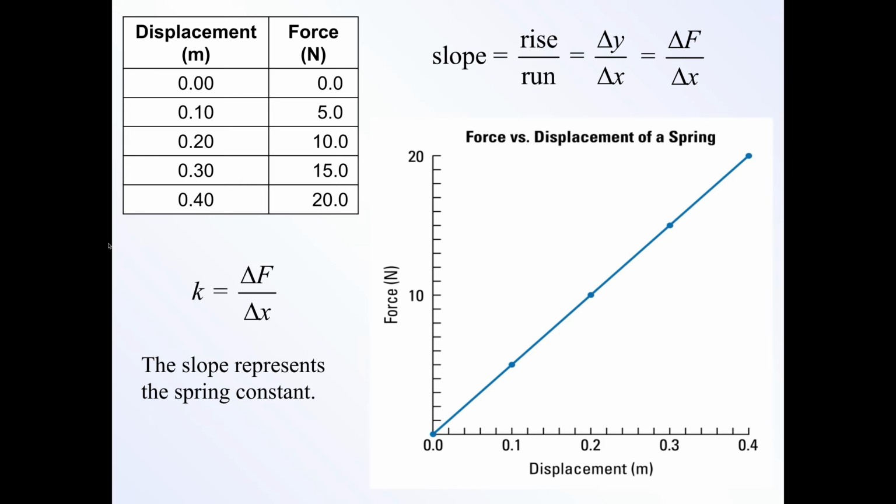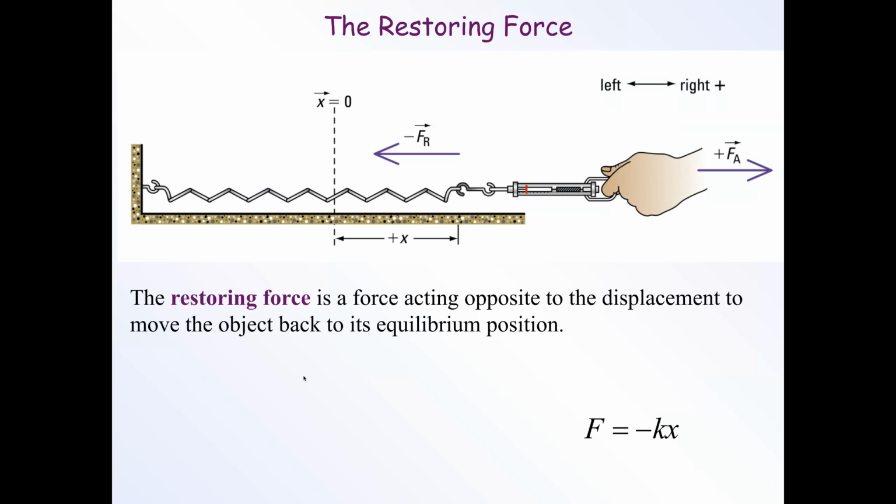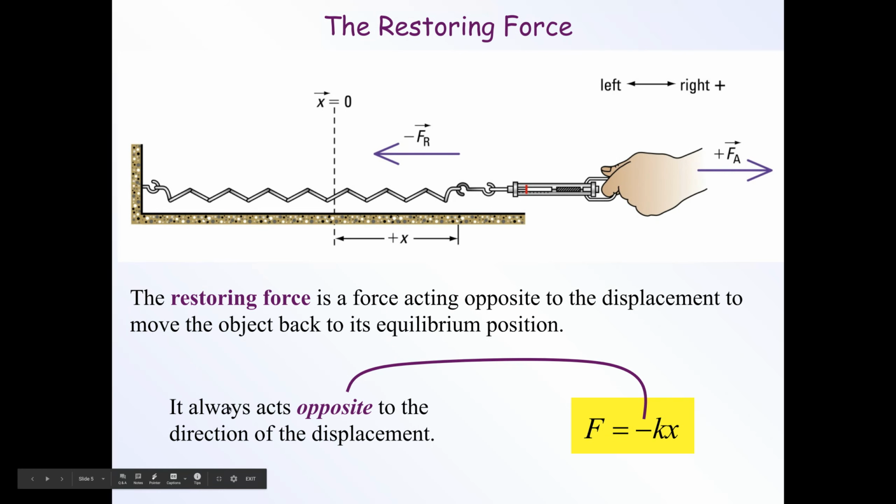If we find the slope of that line, it's going to give us our K value. The restoring force is the force that's pulling back to get it to equilibrium. So it opposes the displacement to move the object back to its equilibrium position. We add the negative because the restoring force is always opposite to the direction of the displacement.